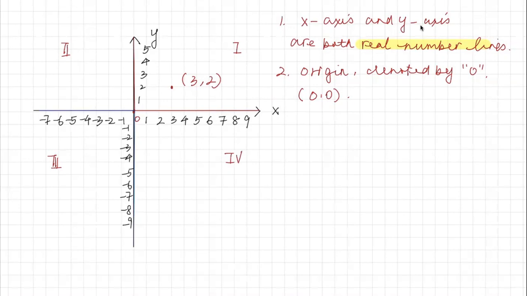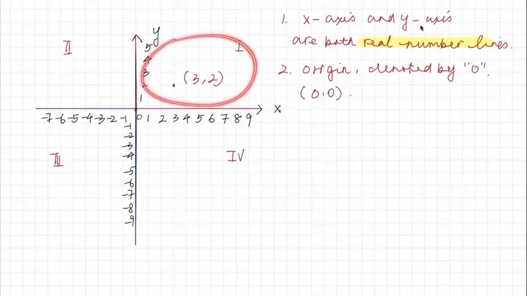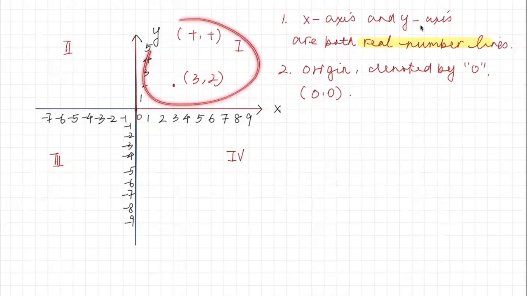Because this part and this part are both positive, all the points in the first quadrant have the coordinates (positive, positive). This means all the points in the first quadrant have positive x coordinates and positive y coordinates.